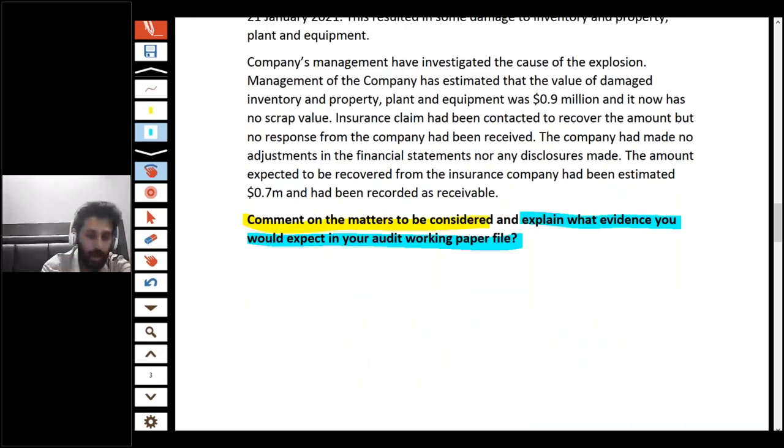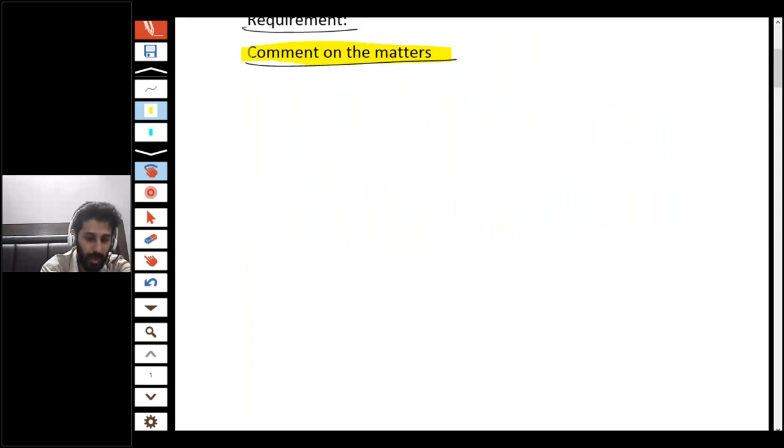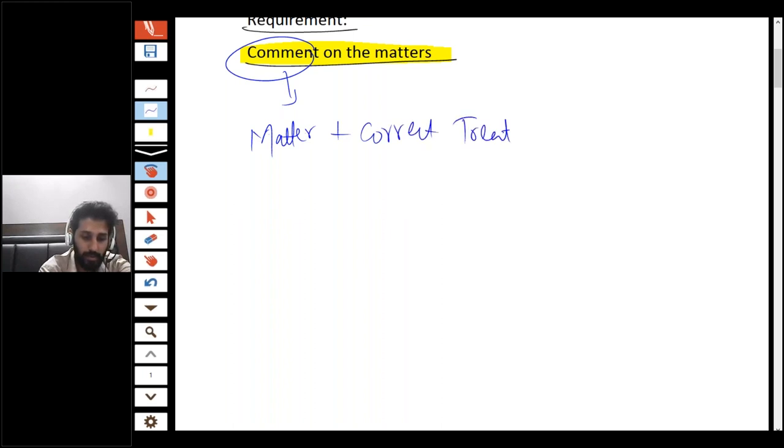So while writing the comment on the matters, here you have to write what the matter is. Please note down that formula, it's very important: matter plus correct treatment plus management's treatment, and two possibilities would be there.